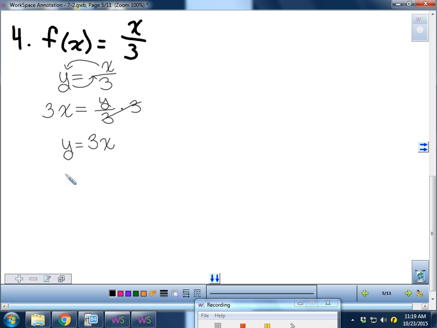So I've got f inverse of x equals 3x, and I am done. Not that bad, right?